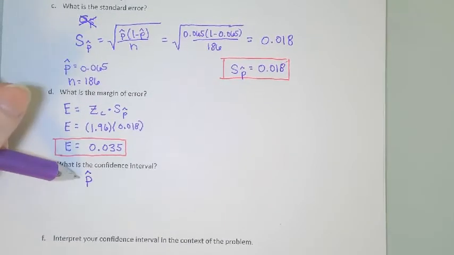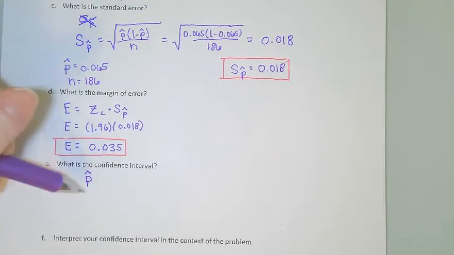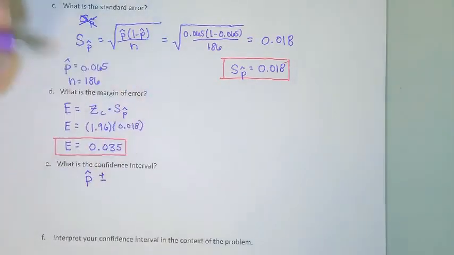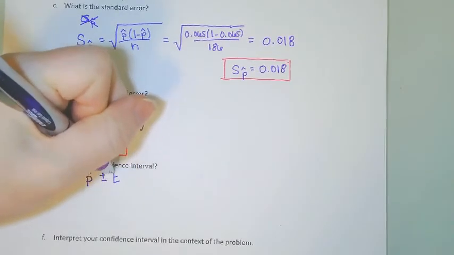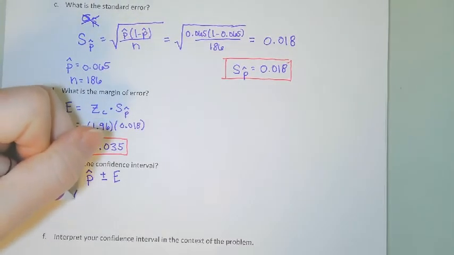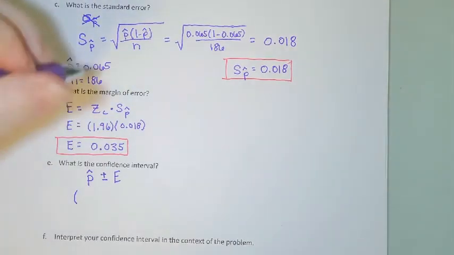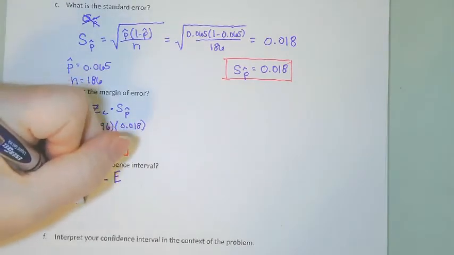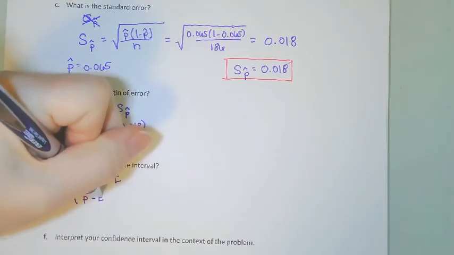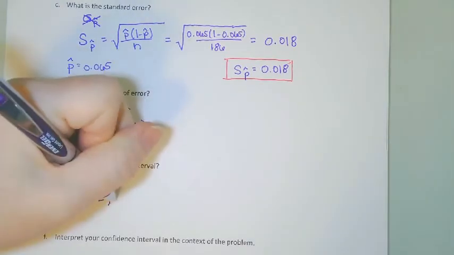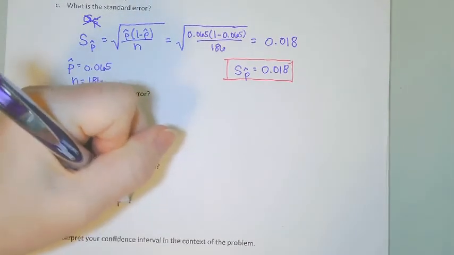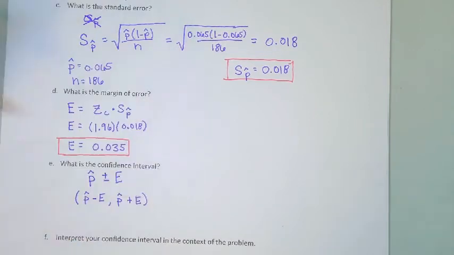We calculate that by taking our point estimate, or sample proportion, and then either adding or subtracting our margin of error. To get the low value, we'll take the point estimate and subtract the margin of error. To come up with the high value, we'll take the point estimate and add the margin of error.